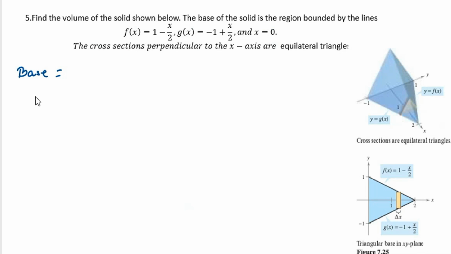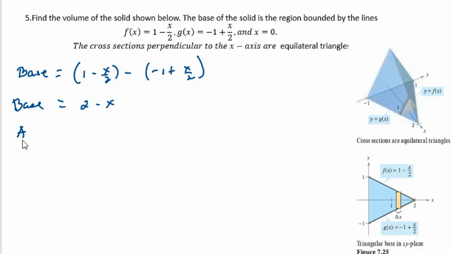So we have f of x minus g of x, which is 1 minus x over 2 minus negative 1 plus x over 2. Simplifying that gives us 2 minus x. So this is now our base.